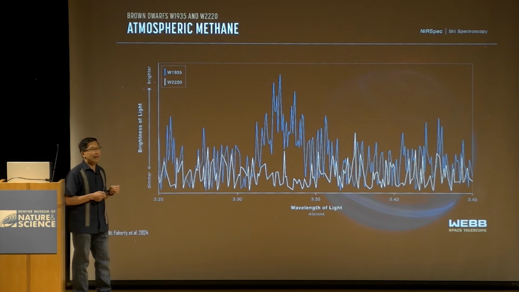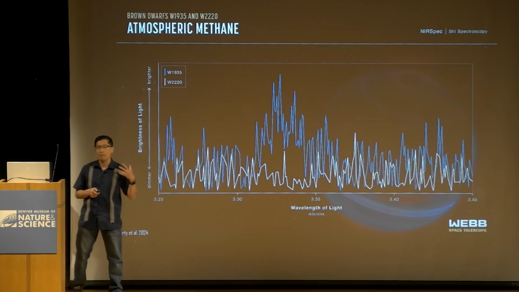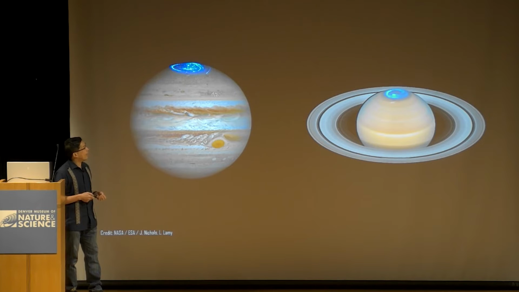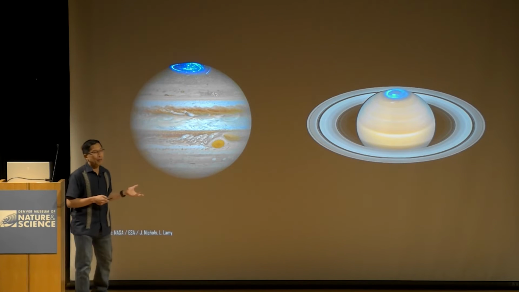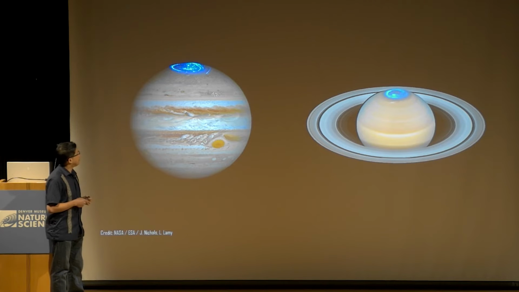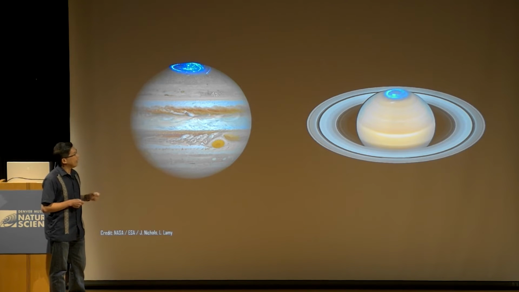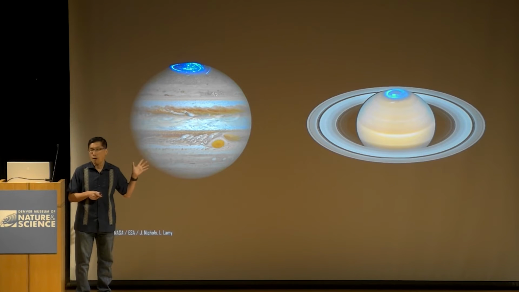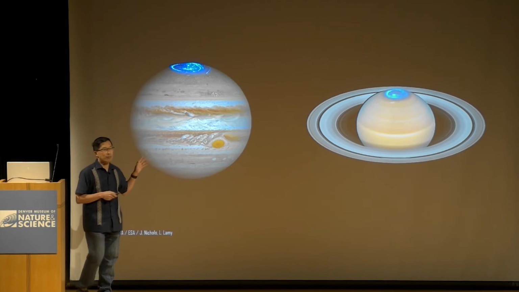So how is it that a brown dwarf is emitting light? That means the methane must be excited in some way in order for it to emit light. And in our solar system, we can actually get methane emission. And so here is an example of Jupiter and Saturn. And the way that you can get them to emit light is if there are aurora on these worlds.